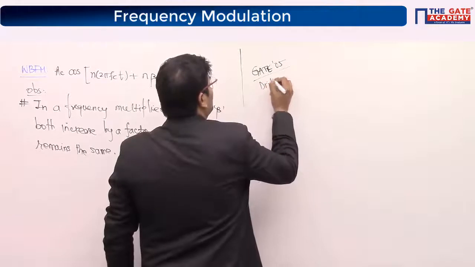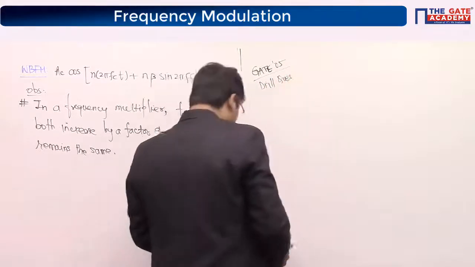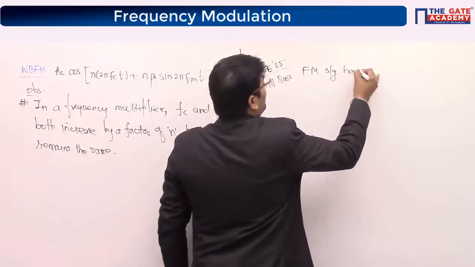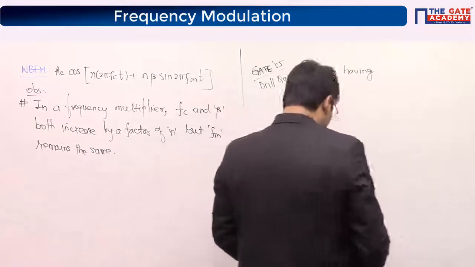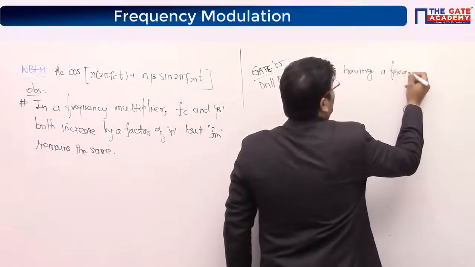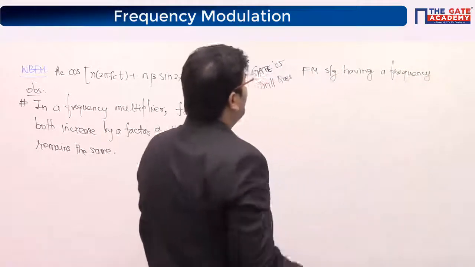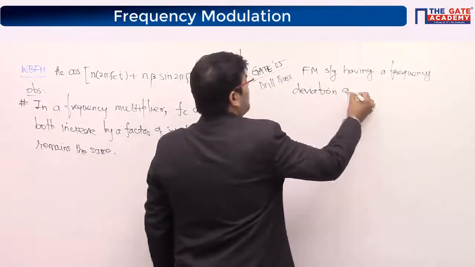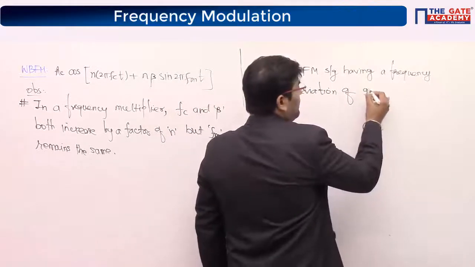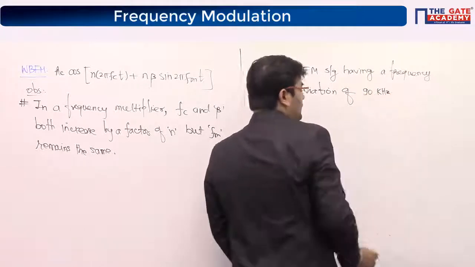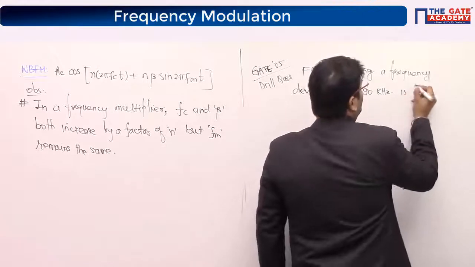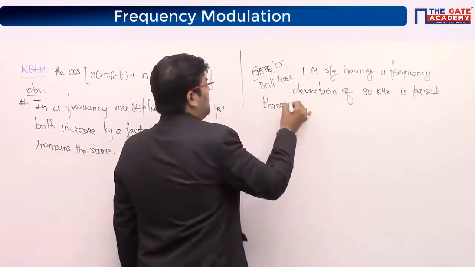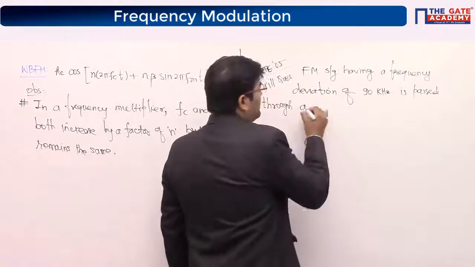The question is: an FM signal having a frequency deviation of 90 kilohertz is passed through a square law device.